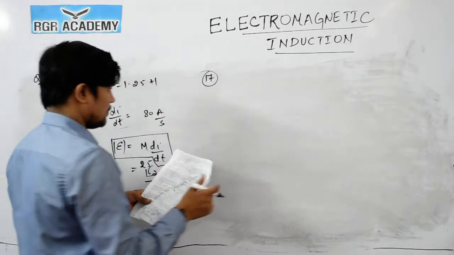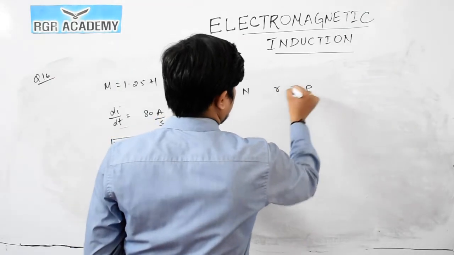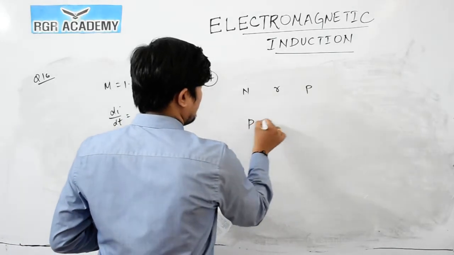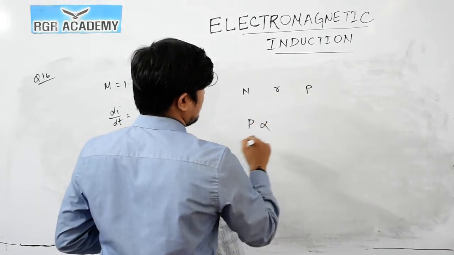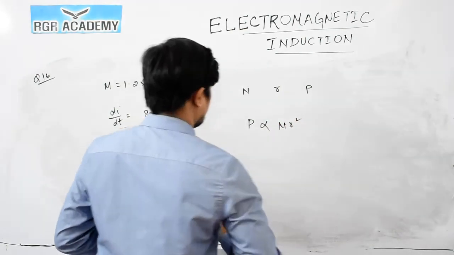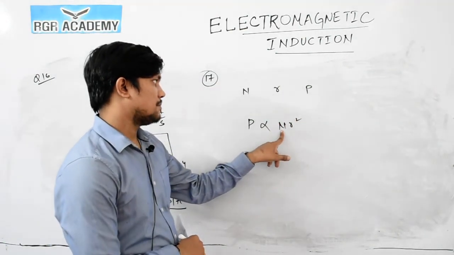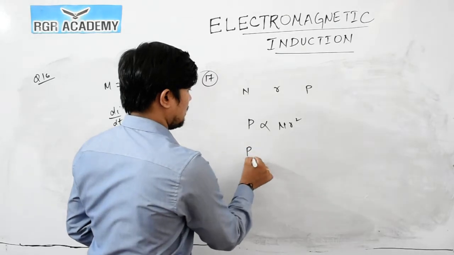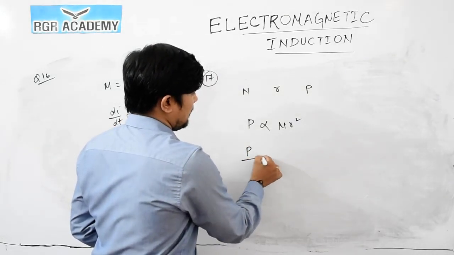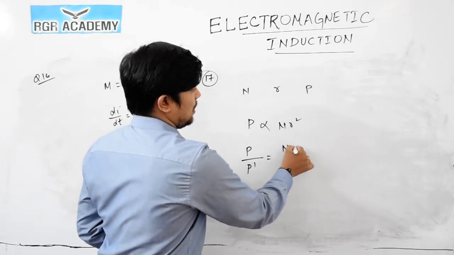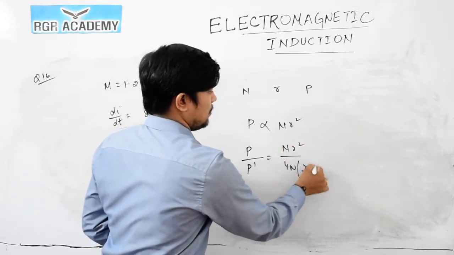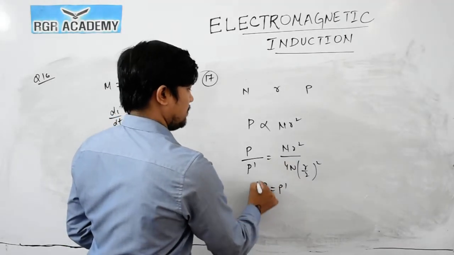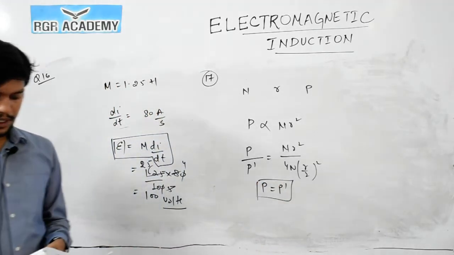Initially, if you consider number of turns are N and radius is R, then the power is P. Actually power dissipated is proportional to number of turns, so you can consider it as N into R square. Now if you quadruple the number of turns and the radius is half, then it will become R by 4, so that will cancel out. So we can say P divided by P dash will be equal to N into R square over 4N into (R by 2) square. So 4 and 4 will cancel out, and P will be equal to P dash. Okay.